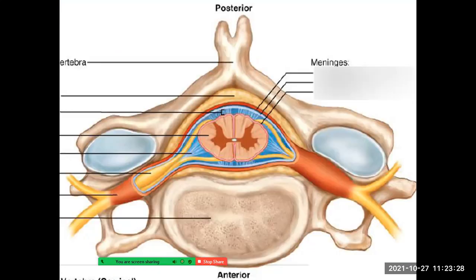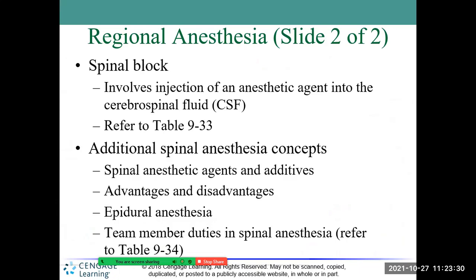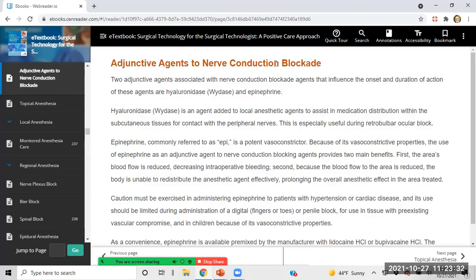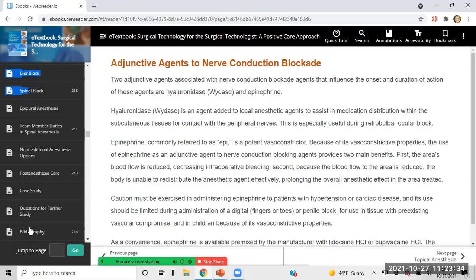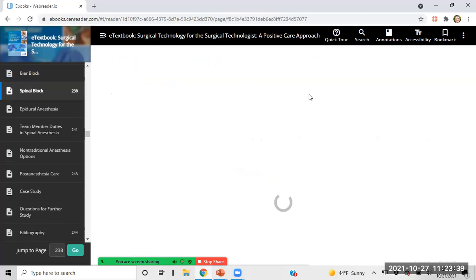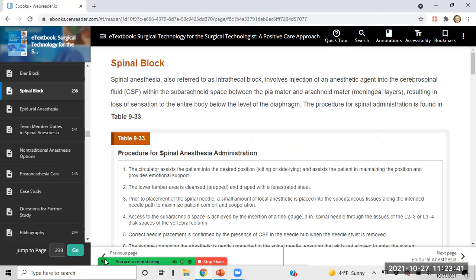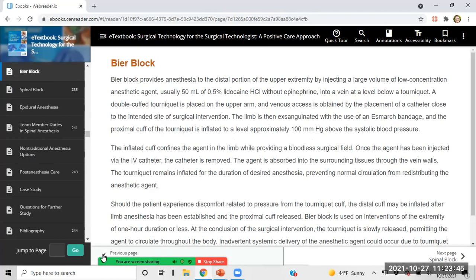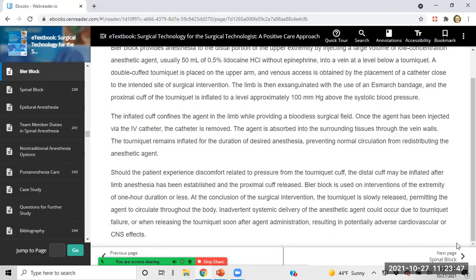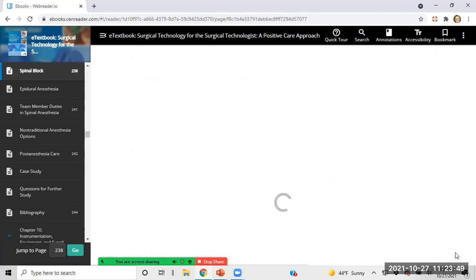Okay. And then we can look at the different team members during spinal anesthesia. Let's look though, I think they might have a picture of a... no, they don't have a lot of pictures in this one.